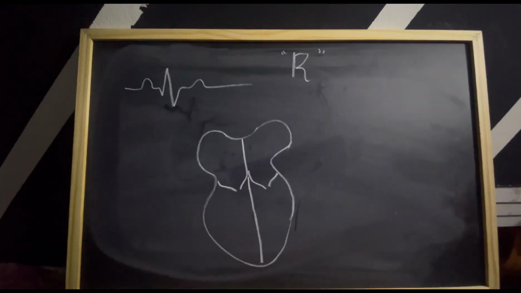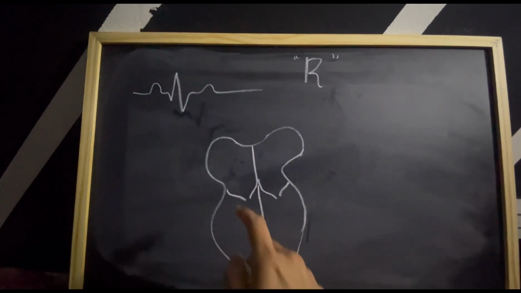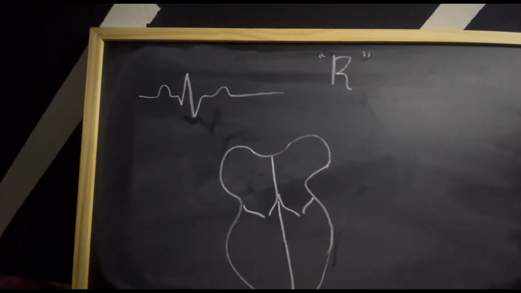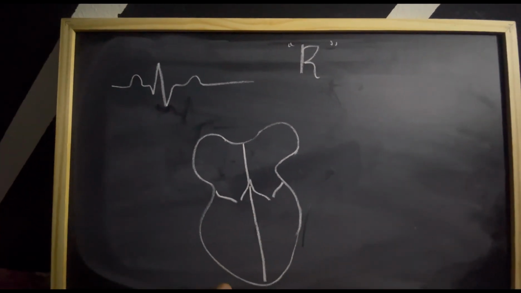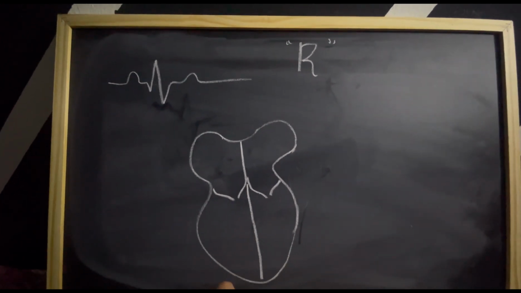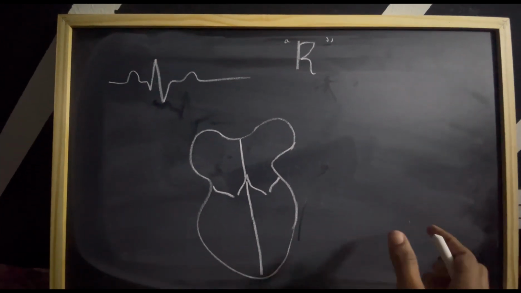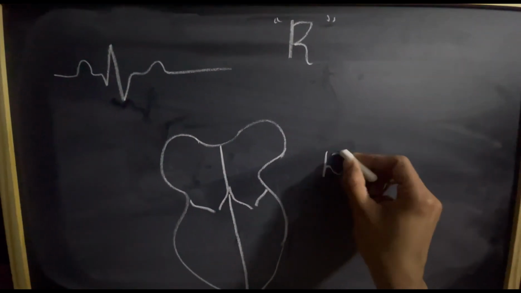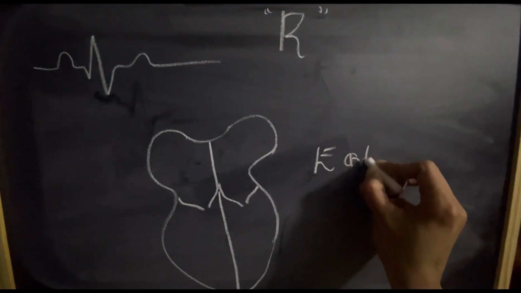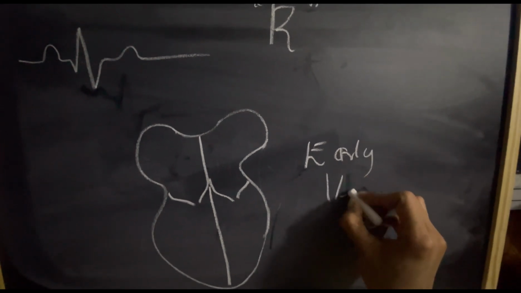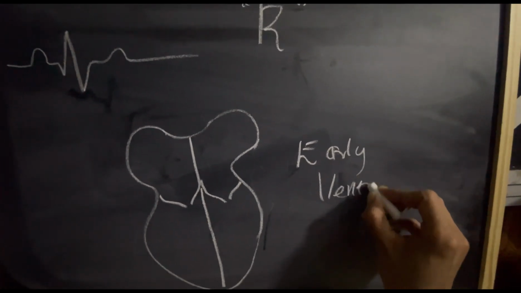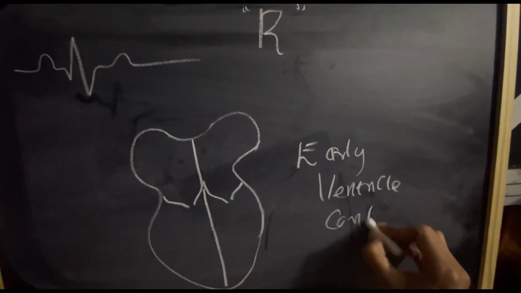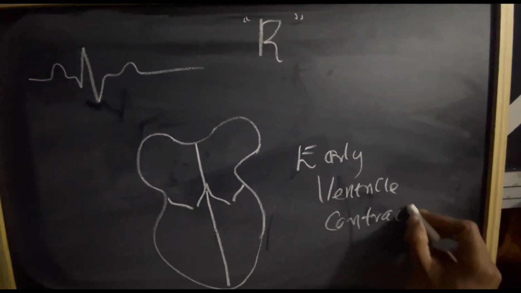Next, what is meant by the R wave? The positive deflection seen in the QRS complex is known as the R wave. What does the R wave actually represent? The R wave represents early ventricular contraction.